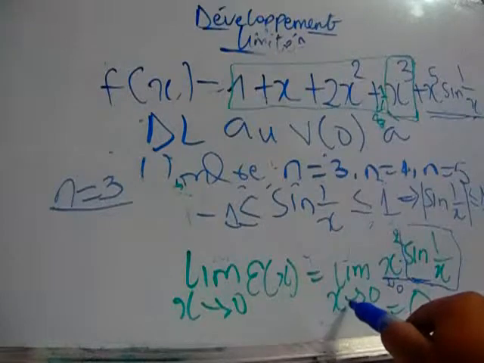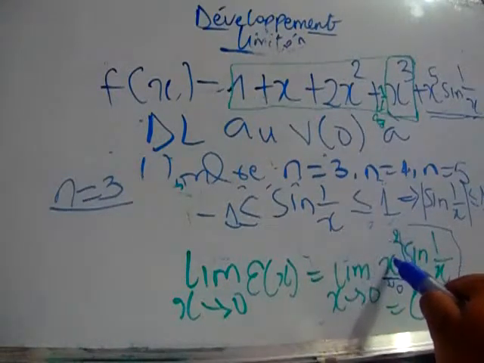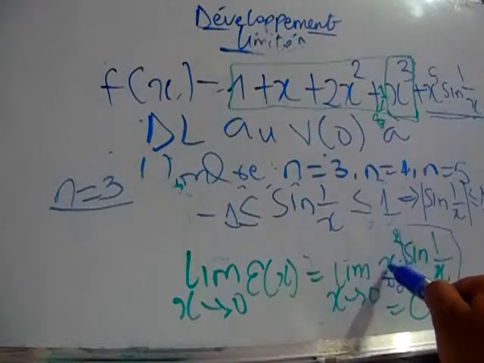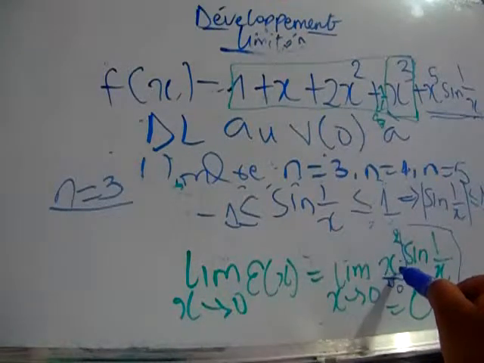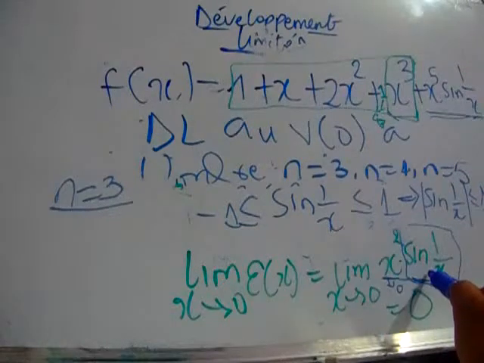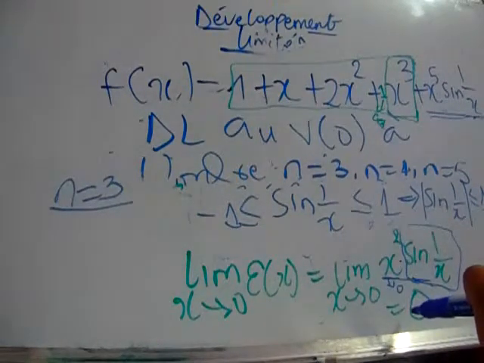Now we are asked to calculate the limit when x converges to 0 of x raised to the power of 2. So we are replacing x with 0, and we get 0. So this converges to 0, multiplied by a function that is bounded, and the limit will give you 0.